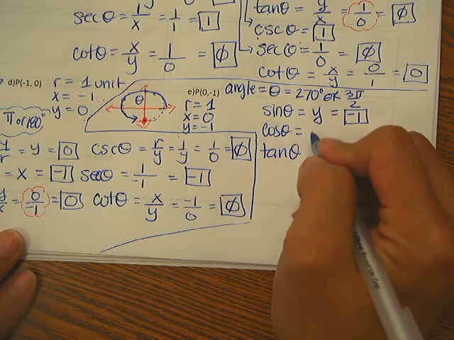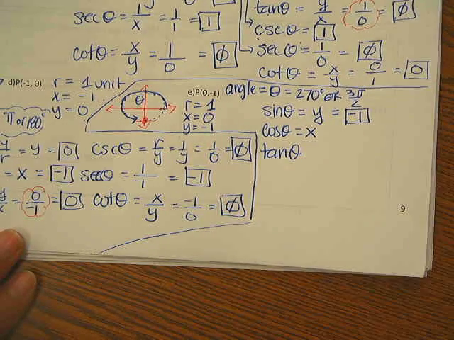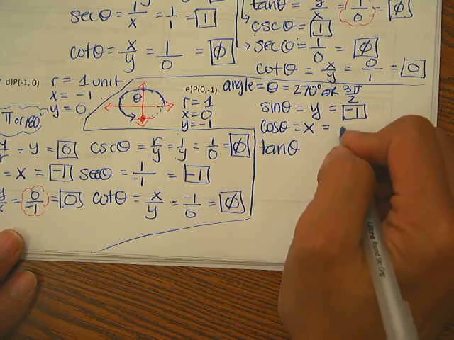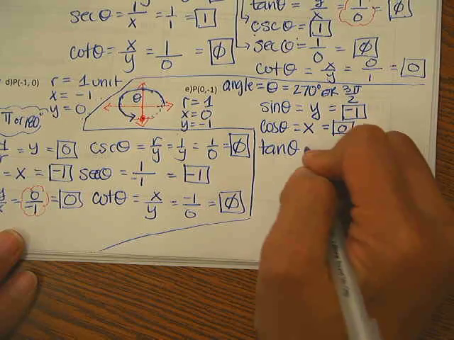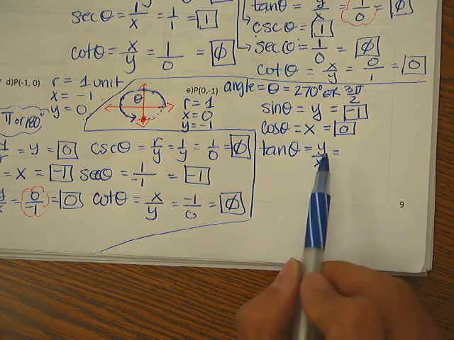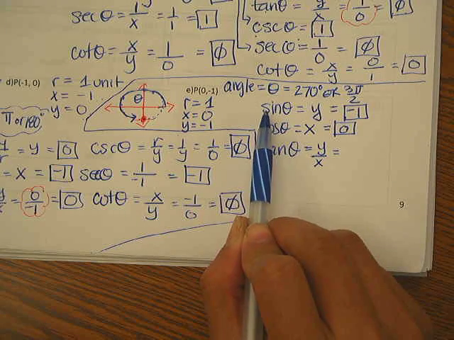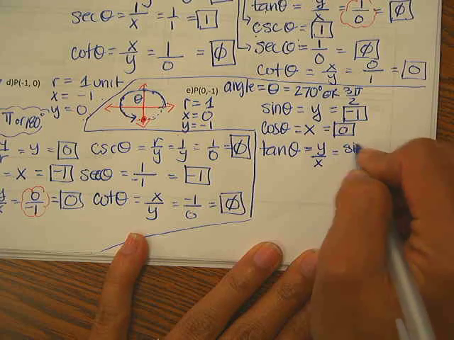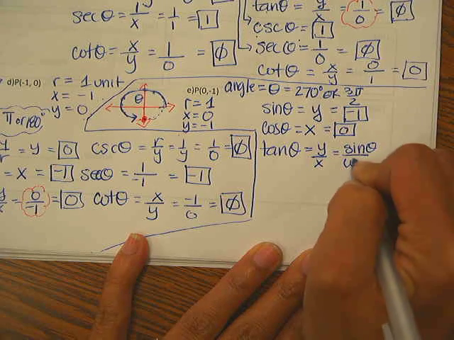Cosine of theta is now going to be the same as x, and x is 0. Okay. Tangent is going to be y divided by x. Have you noticed that y, since it's sine, and x is cosine, that's also the same as sine of theta divided by cosine of theta?